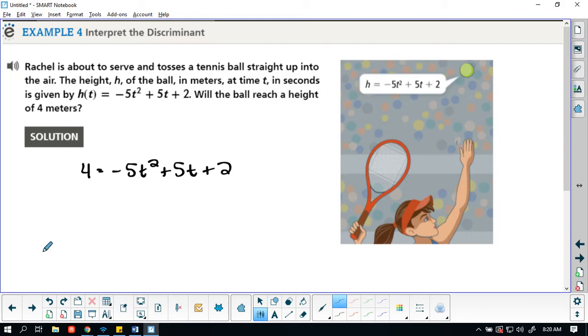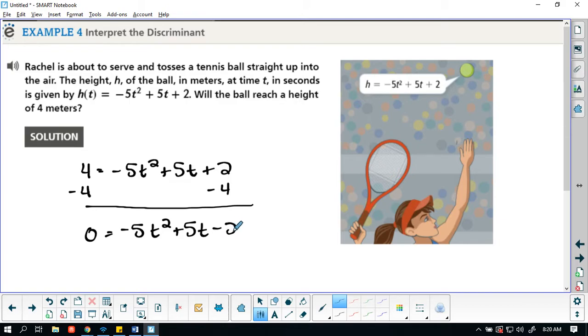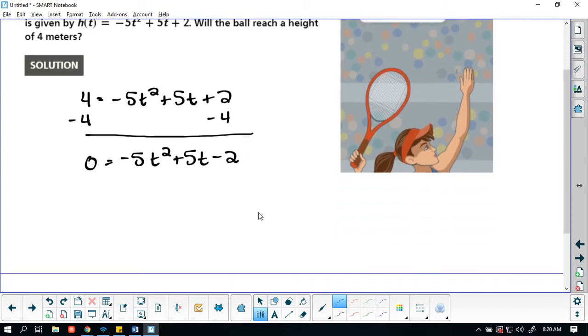To solve this, we need to have our function equal to 0. So it's equal to 4 right now, so I'm going to subtract the 4 from each side, which gives negative 5t squared plus 5t minus 2.